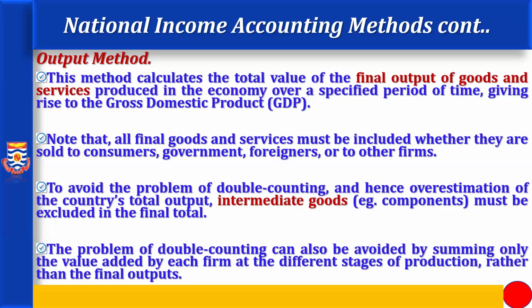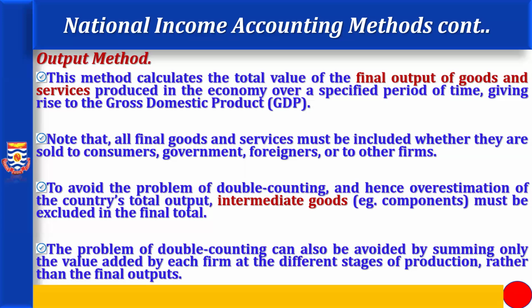So one approach is that you can just look at the final goods and services, simple. Another approach is that you can look at what? Value added at each stage. So stage one is production of flour, 300 cedis. Stage 2, value added by bread producers will be extra 200. So that finally we get the 500. So you can go the value added approach, or you can go the final goods and services approach.